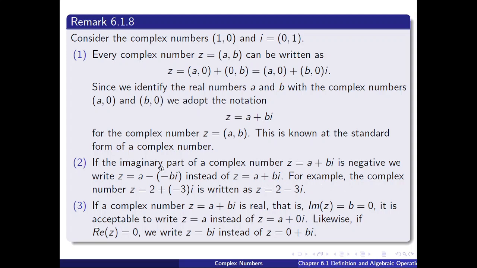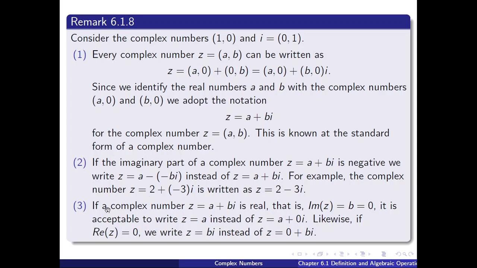For example, the complex number z, which is equal to 2 plus (minus 3)i, is written as z equals 2 minus 3i, right?